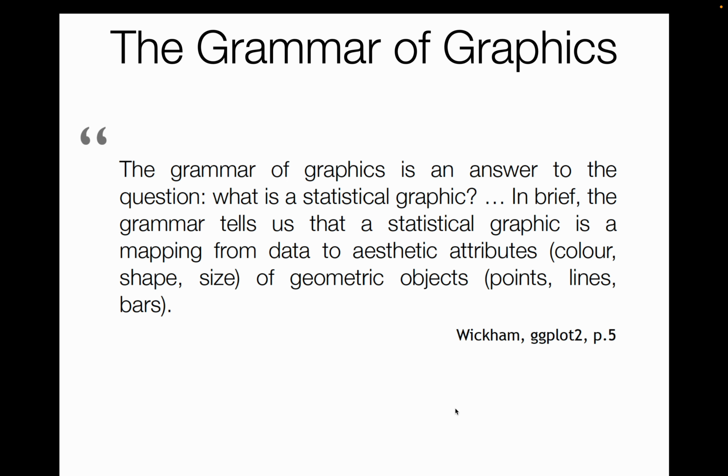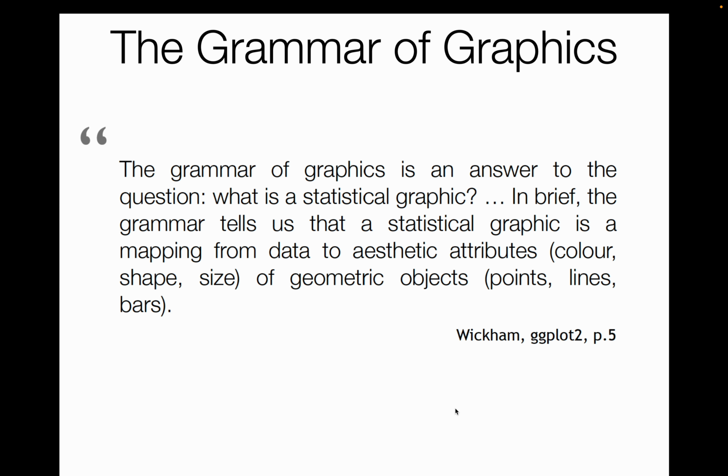Okay, and here's a quote from the paper he wrote about the grammar of graphics in R. "A grammar of graphics is an answer to the question, what is a statistical graphic?" And it tells us that a graph is made up of aesthetics and geometric objects.